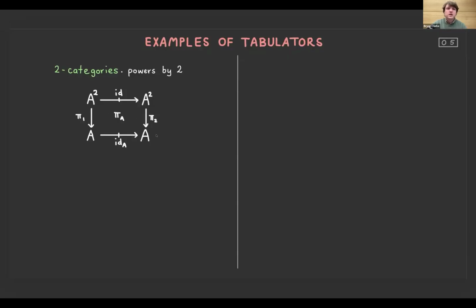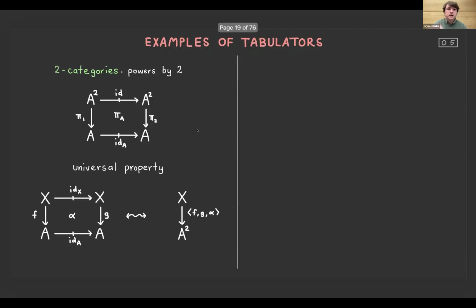We can see this is a 2-cell going from π_1 to π_2. And it has some universal property, which is to say that any other 2-cell from f to g in our 2-category is the same as a 1-cell into this power by 2. You'll recognize this as the universal property associated to a power by 2 in a 2-category.